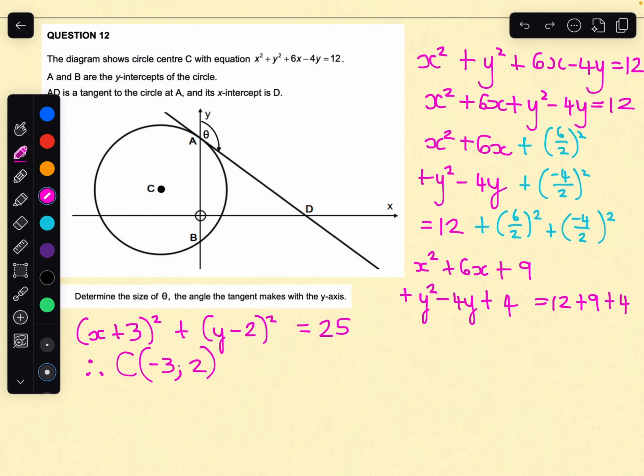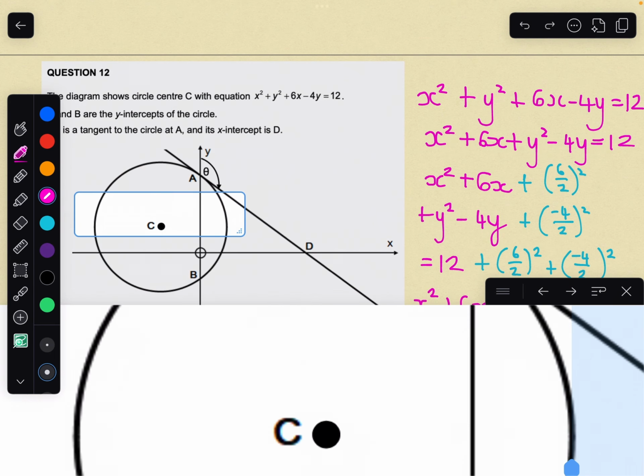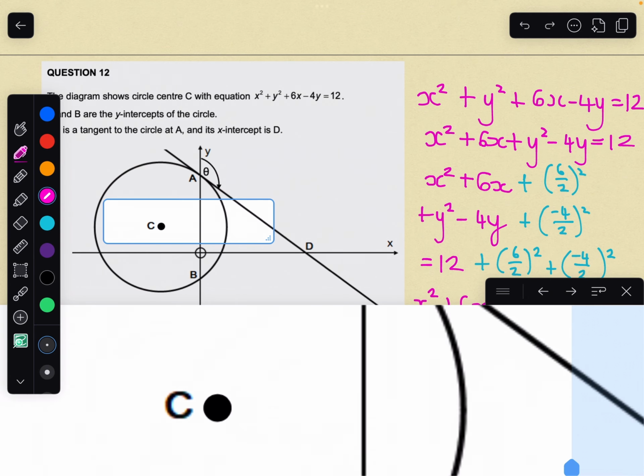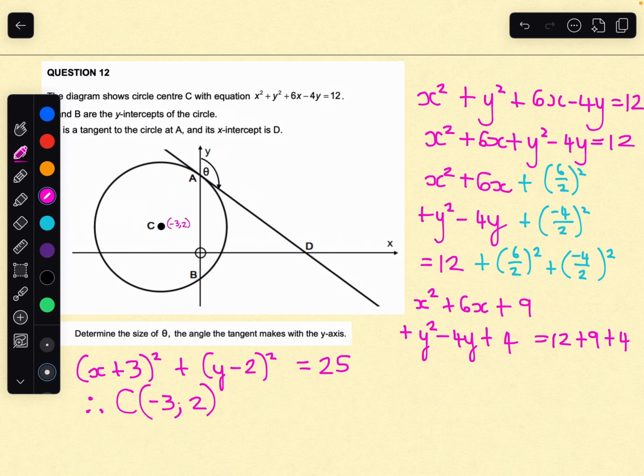So I'm going to go ahead and write down the coordinates of C, -3 and 2. Good. And now we said we want to find the coordinates of A, so that we can find the gradient of AC, so that we can find the gradient of this line AD, the tangent. So let's find the coordinates of A and D.